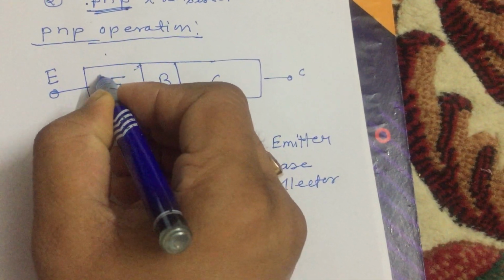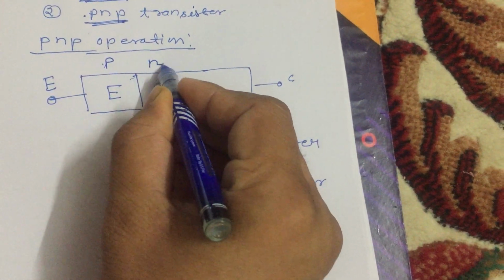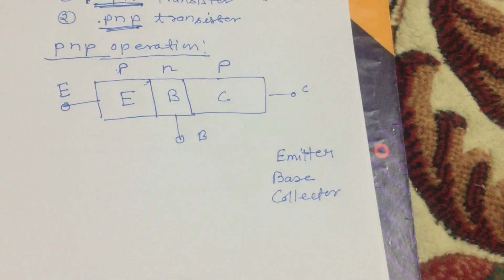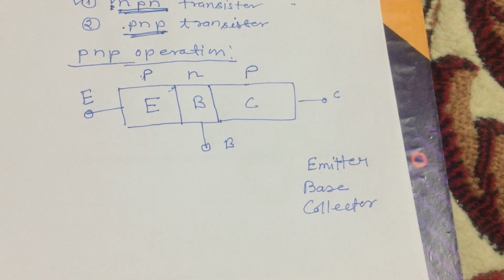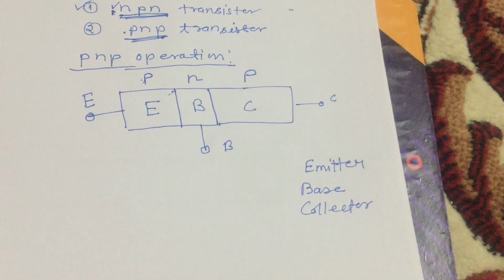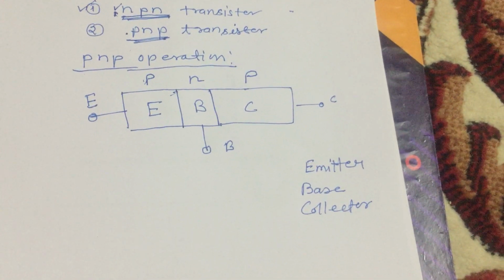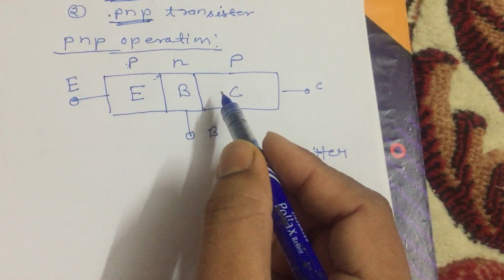The emitter is P-type semiconductor, the base is N-type semiconductor and the collector is P-type semiconductor. We can say in a PNP transistor there are two P-type semiconductors and we make an N-type semiconductor in between these two regions. Now the sizes of all three regions differ.